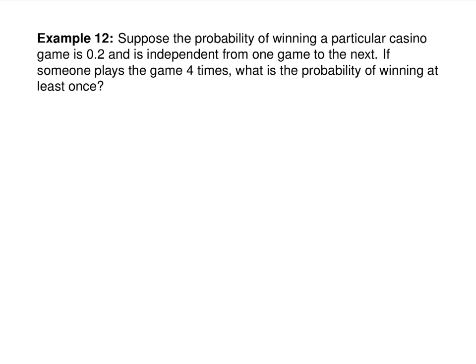Okay, it is. Suppose the probability of winning a particular casino game is 0.2 and is independent from one game to the next. If someone plays the game 4 times, what's the chances of winning at least once? 0.2 times 0.2 times 0.2 times 0.2, that's not right, but it's okay.